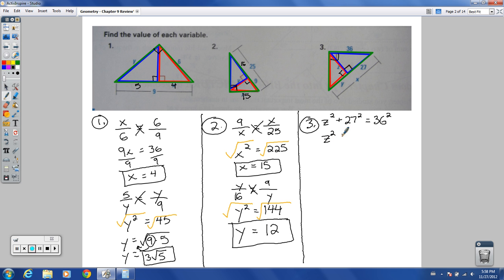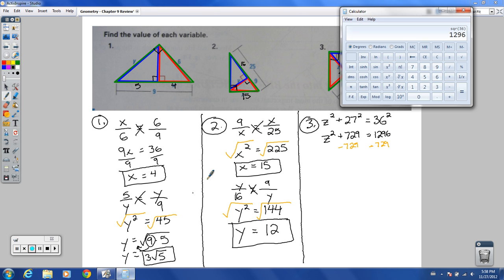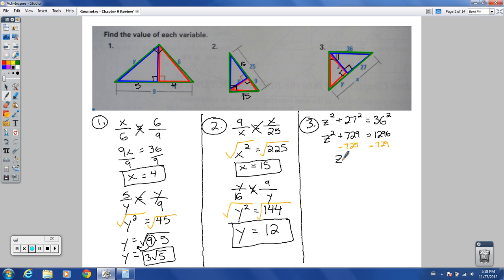So we have 729 here, we've got 1296 here. If you subtract 729 from both sides, that will leave you with 1296 minus 729, and we get 567. So z squared is 567. And you take the square root of both sides again.